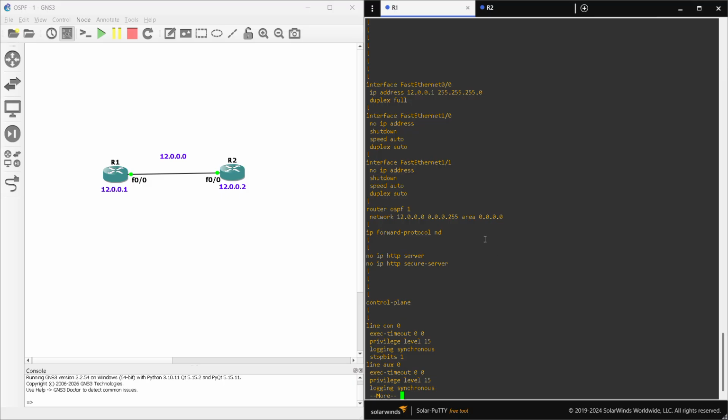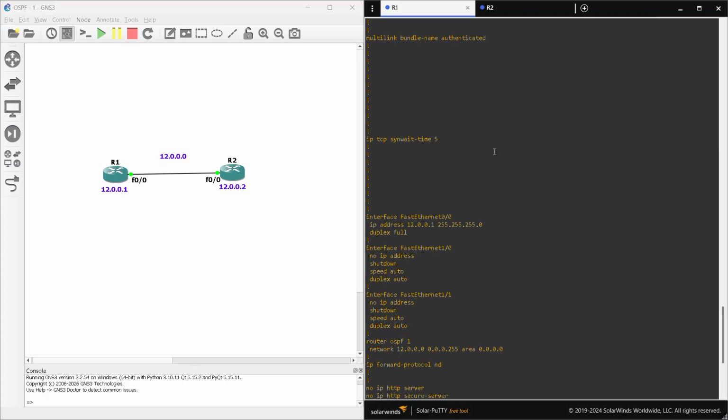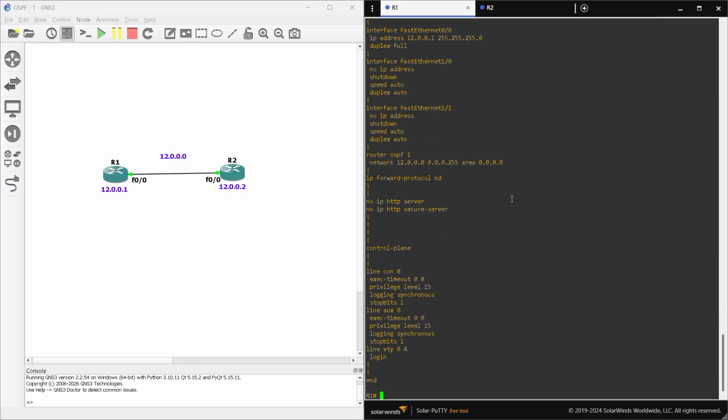Now the reason it tells us, okay. So the reason is when we gave this inverse mask, it enabled that.